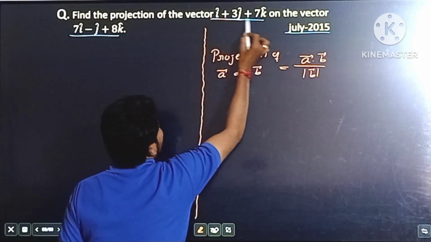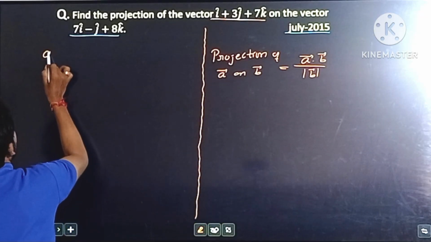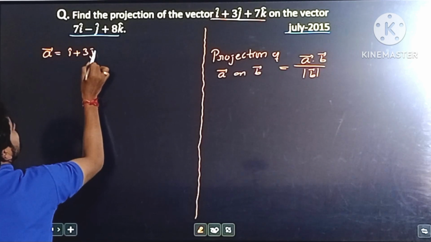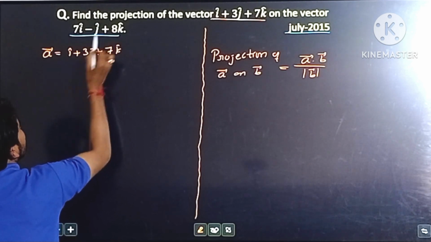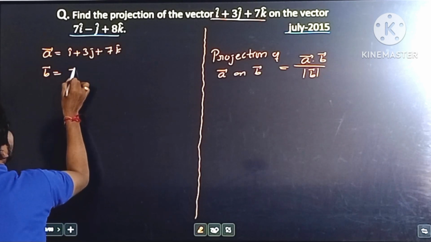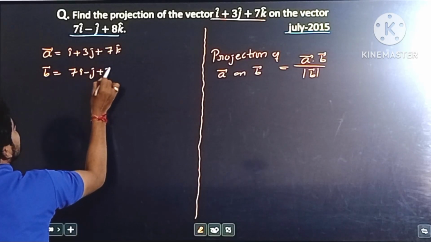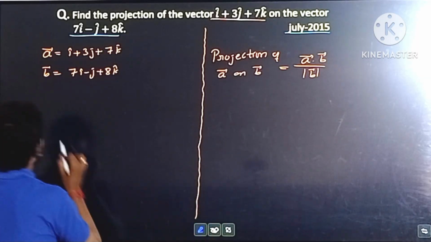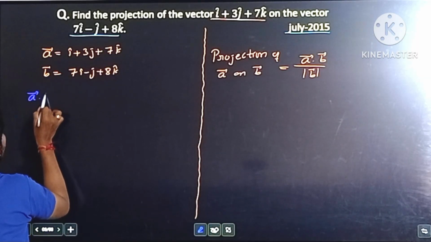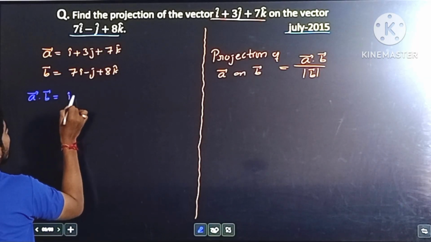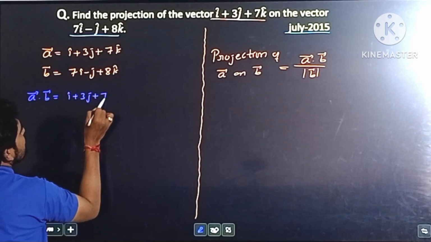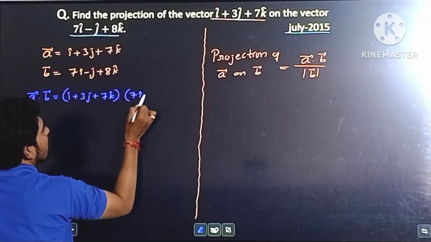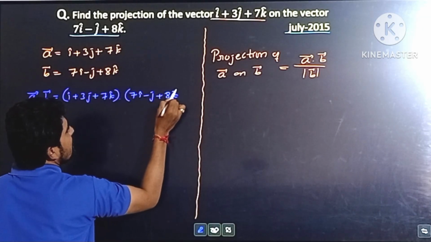Let's say the first vector given in the question is A vector, and A vector is equal to i plus 3j plus 7k, and the second vector is B vector. So B vector is equal to 7i minus j plus 8k. First we need the value of A vector dot B vector. Therefore, A vector dot B vector is equal to i plus 3j plus 7k dot 7i minus j plus 8k.